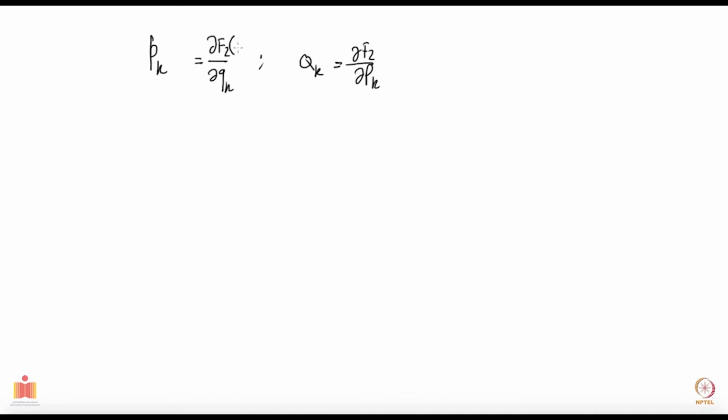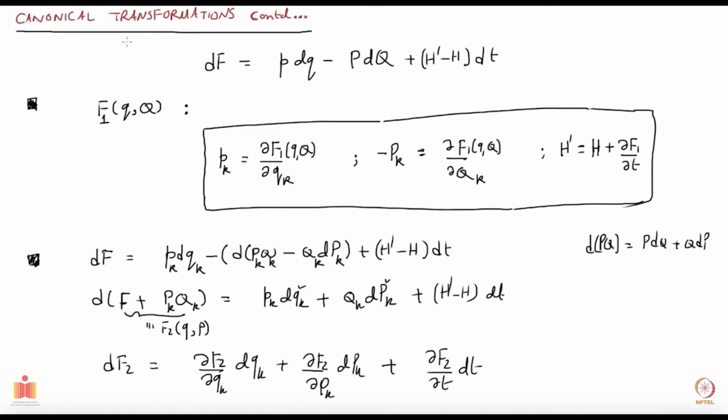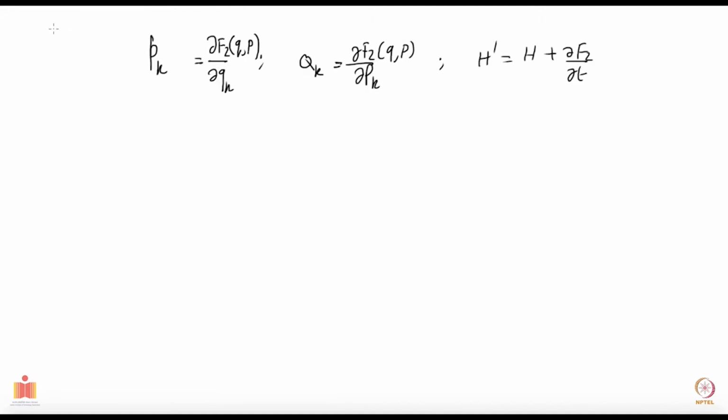I should emphasize here that these are functions of small q and capital P. And as before, h prime is h plus del f2 over del t. Del f2 over del Pk, that's Qk, all looks good to me. So this is for f2, and our f2 is a function of q and P.